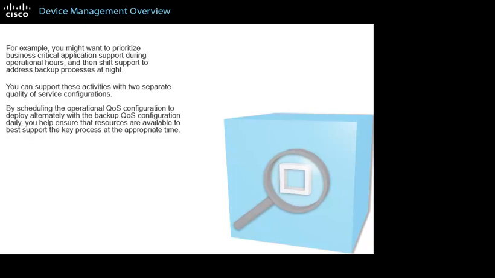You can support these activities with two separate quality of service configurations. By scheduling the operational QoS configuration to deploy alternately with the backup QoS configuration daily, you help ensure that resources are available to best support the key process at the appropriate time.